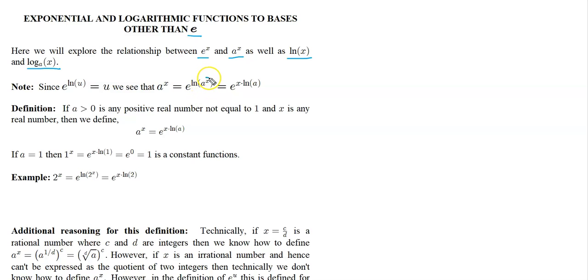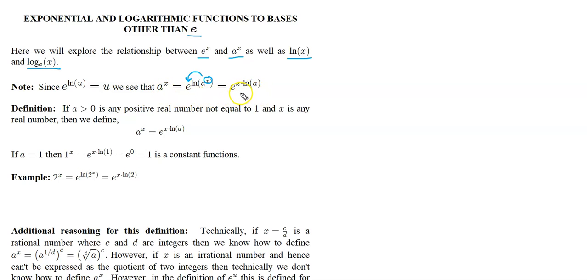And so what we can do is take this x here in the exponent and drop it down in front of the natural logarithm. And we obtain this definition for a to the x. So then a to the x equals e to the x times the natural log of a.